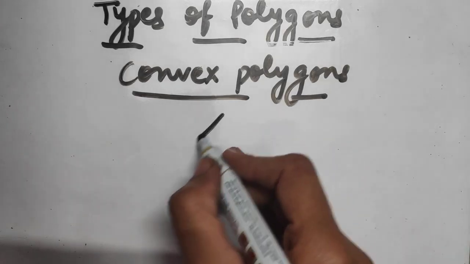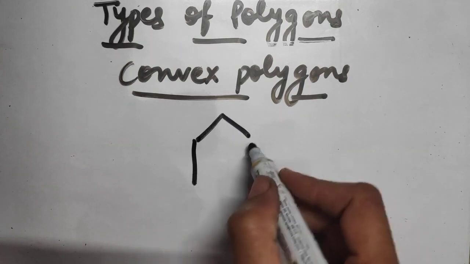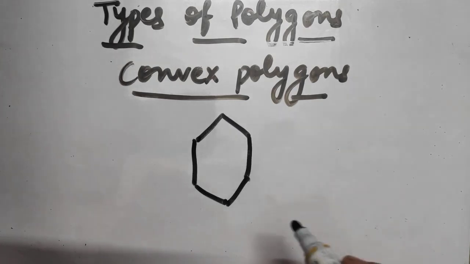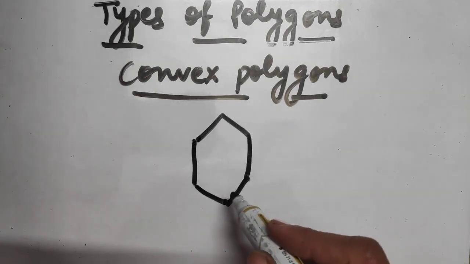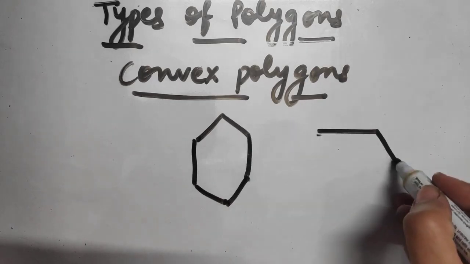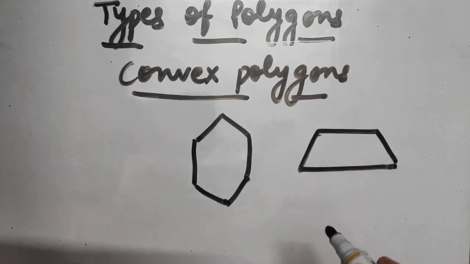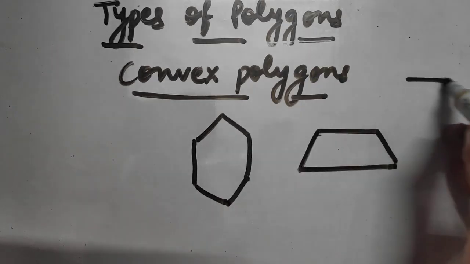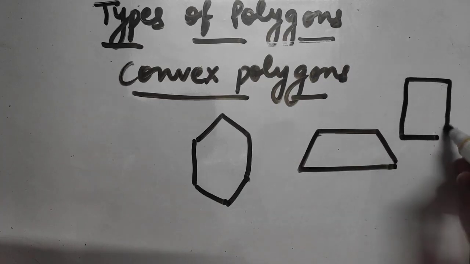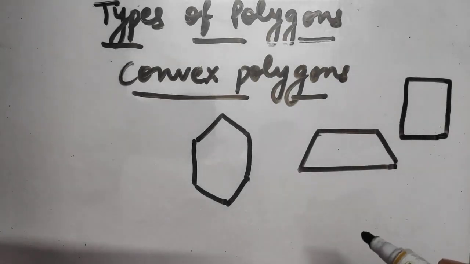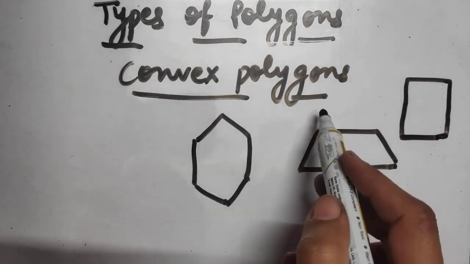So this is an example of convex polygon. Another example can be this. It can be like this. You can see the angles are less than 180 degrees. So these are convex polygons.